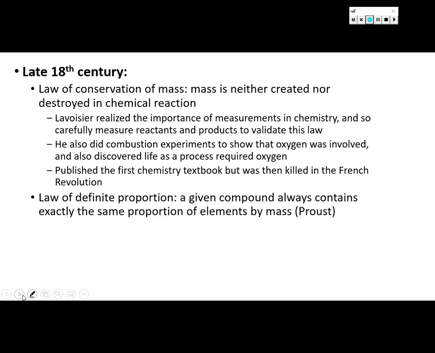Okay, so we skip a huge dark age chunk of time. So the late 18th century, like the 1700s, then they started to do some quantitative experiments. And some people will consider Lavoisier to be like the father of that sort of movement. And so they did simple experiments, but used them to prove that mass was neither created or destroyed in a chemical reaction.